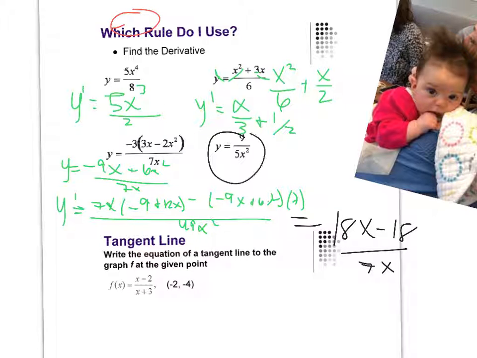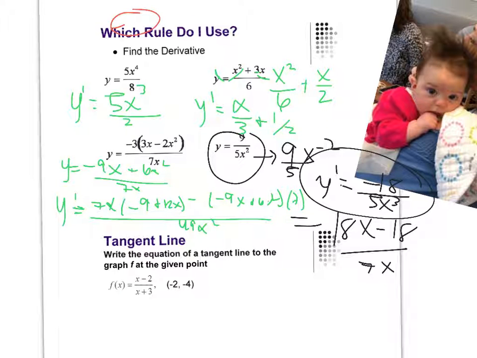This one, you actually don't need to use the quotient rule again because you can just turn this into 9/5 x to the -2. Use the power rule, so much easier, right? So it ends up being negative 18 over 5x cubed. That's the fourth one, okay?